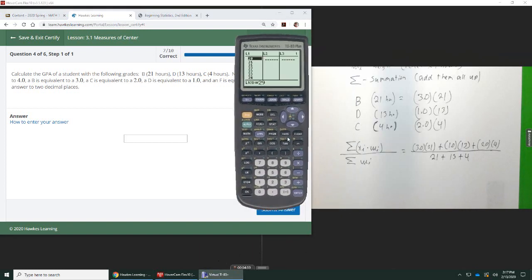So turn this on. I'm going to do second and mode, the quit. Take me out of everything, clear this out. And I'm going to do 3.0 times 21. You can put it in parentheses, you don't have to. But I will put at least one of those values so it knows I'm multiplying.